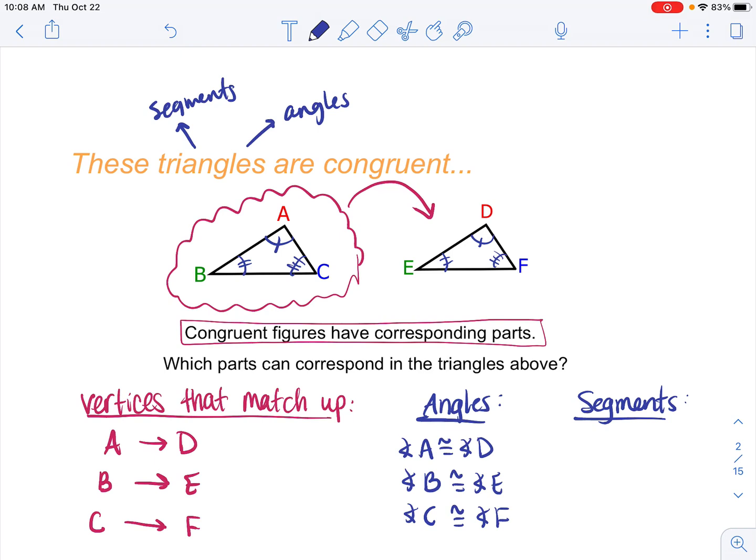Now, which segments are congruent? Let's see, A to C would land directly on top of D to F. So AC is congruent to segment DF. CB would land directly on top of FE. And AB would be congruent to DE.